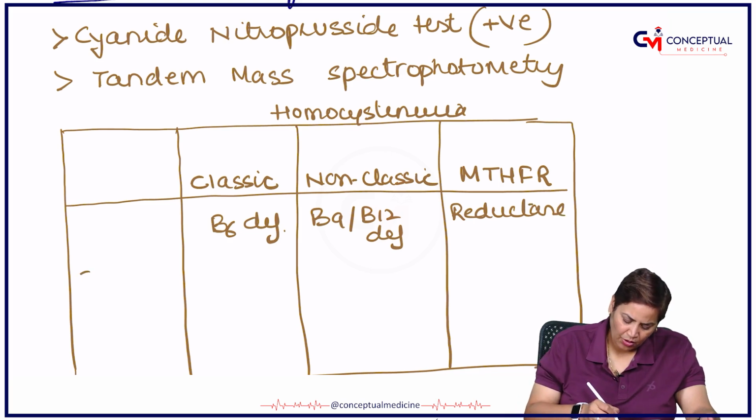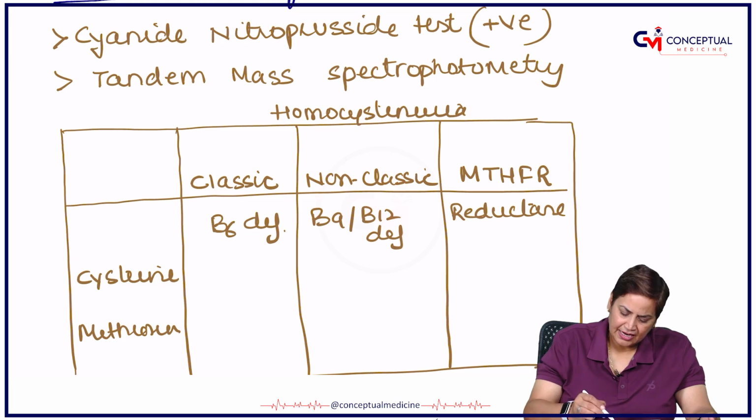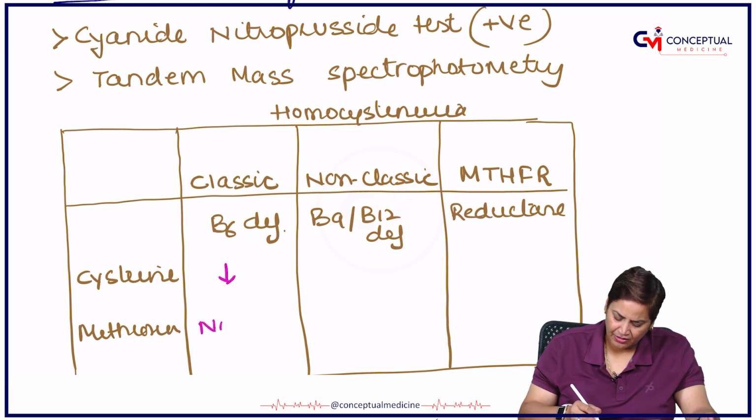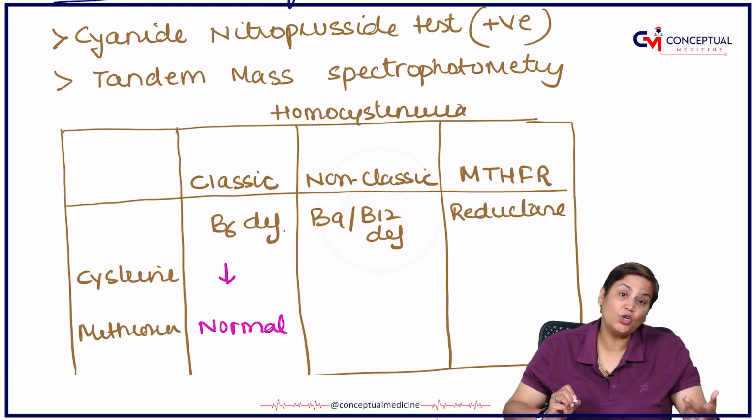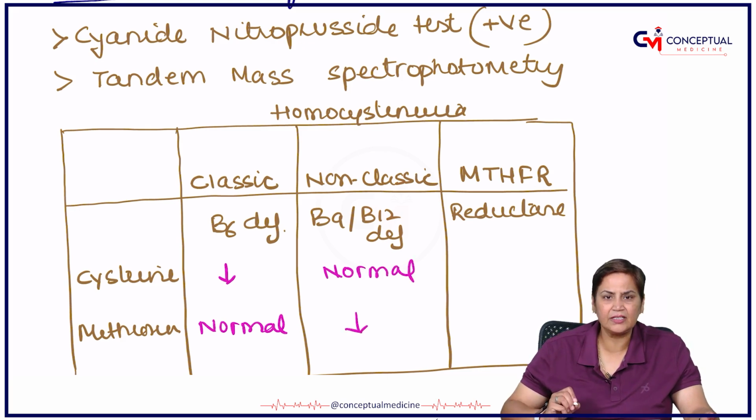Okay, so if we talk about cysteine levels or methionine levels, cysteine level in classic will be low, but methionine level will be normal. In non-classic, cysteine level will be normal and methionine level will be decreased.